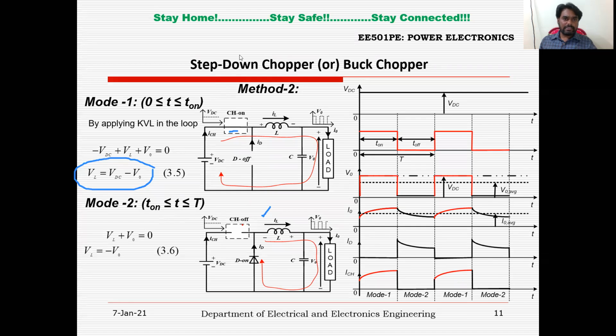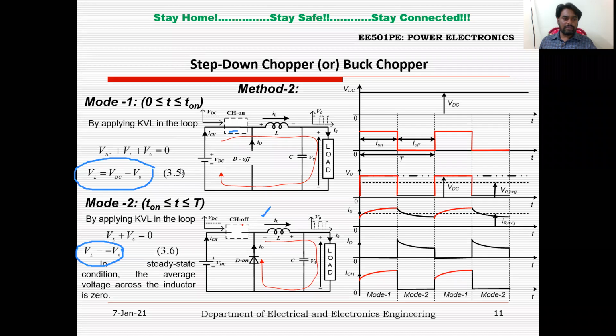Similarly, in the second case, you can apply KVL in this loop, and you will get the voltage across the inductor as minus V naught, right? And in steady state condition, the average voltage across the inductor should be 0. Why? Because if you look at the voltage across the inductor, it will be something like this.